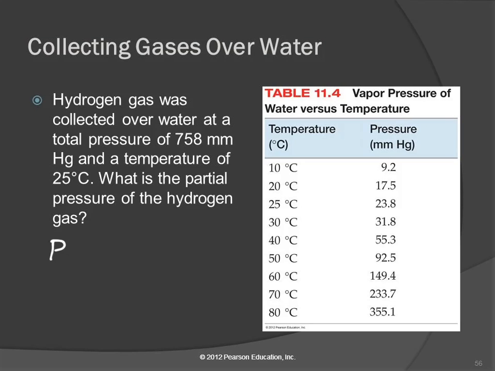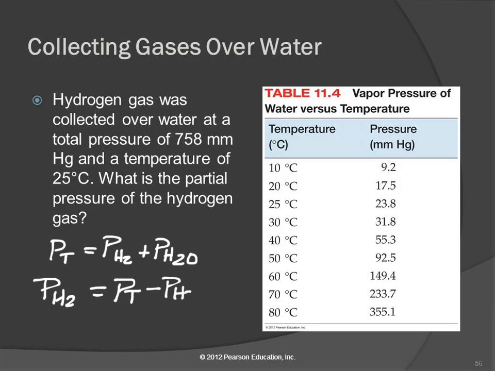Well, the total pressure is going to equal the pressure of the hydrogen plus the pressure of the water vapor. We want the pressure of the hydrogen gas. So we subtract the pressure of the water from both sides. And we get this: the total pressure minus the pressure of the water.